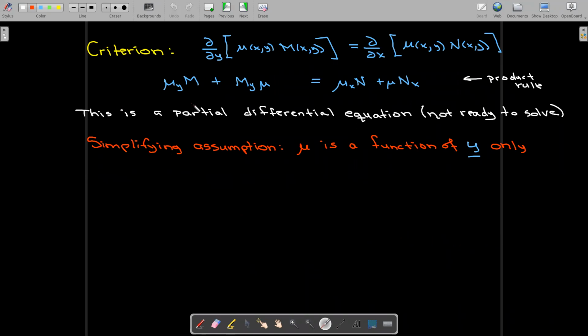Now, instead of assuming that mu only depends on x, we could also make the assumption that it only depends on y, which would mean that its partial derivative with respect to x would be 0. And so this term, the partial derivative of mu with respect to x times N, that's going to be 0. And the partial derivative of mu with respect to y can be replaced with d mu dy.